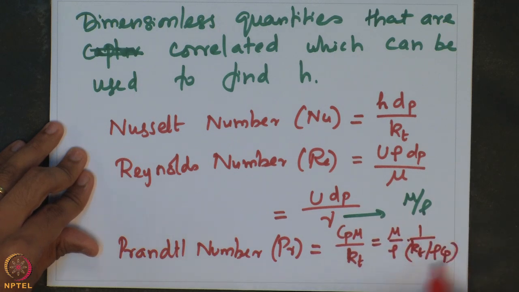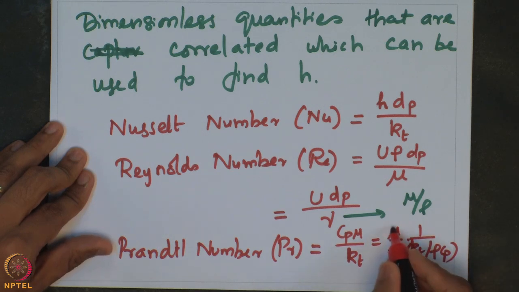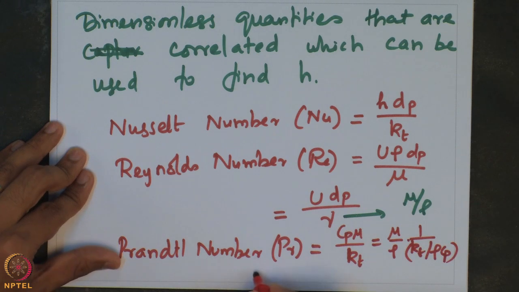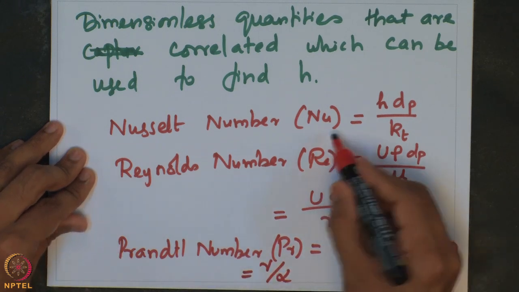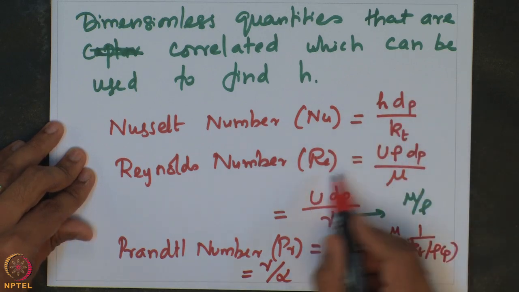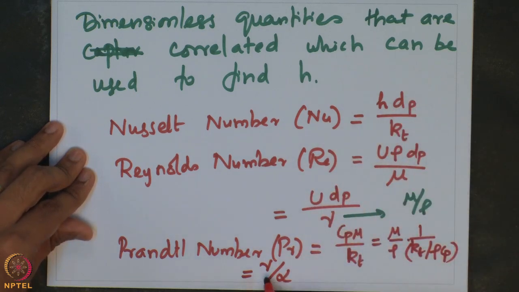What is Kt by rho Cp? It is the thermal diffusivity, and mu by rho is the kinematic viscosity. So we can rewrite the Prandtl number as nu by alpha. So the Nusselt number is h dP by k, the Reynolds number is u dP by nu, and the Prandtl number is nu by alpha, where alpha is the thermal diffusivity of the fluid.